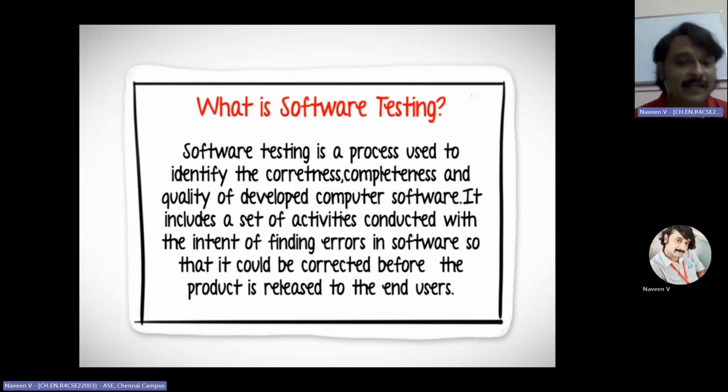That is the ultimate definition of software testing: a process used to identify the correctness, completeness, and quality of developed computer software which we are going to give to the end user.